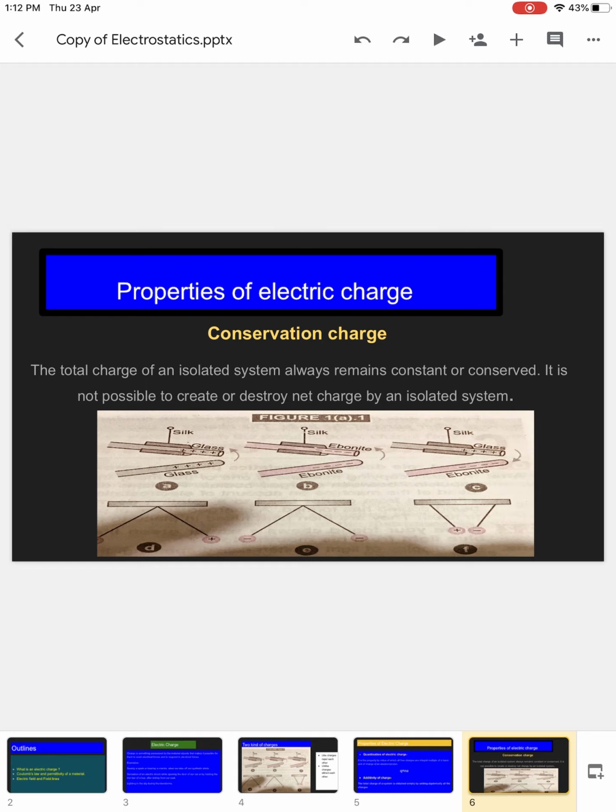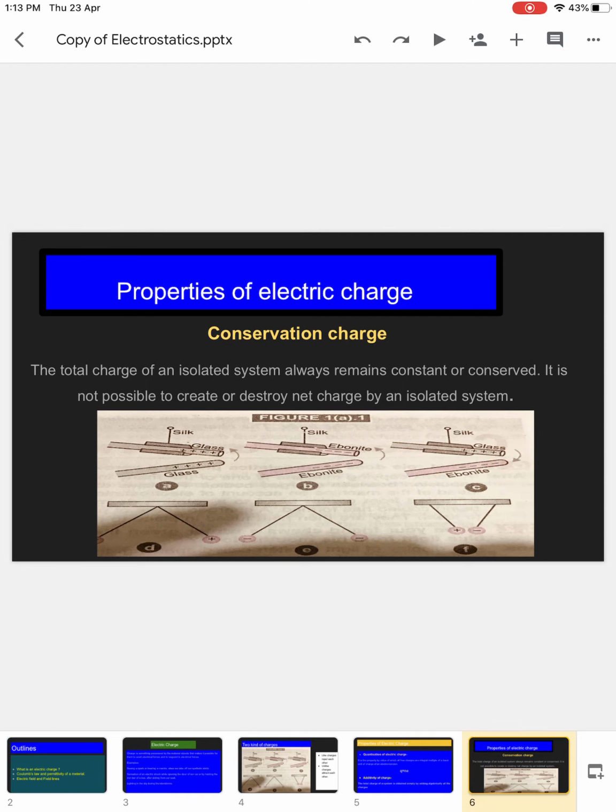Now the last property is conservation of charge. That means charge cannot be created or destroyed, but it can be transferred from one body to another body, and the total charge always remains constant. Let's take an example that we already discussed in the previous slide: if you rub the glass rod with the silk, the glass rod gets a positive charge. How does it get the positive charge?